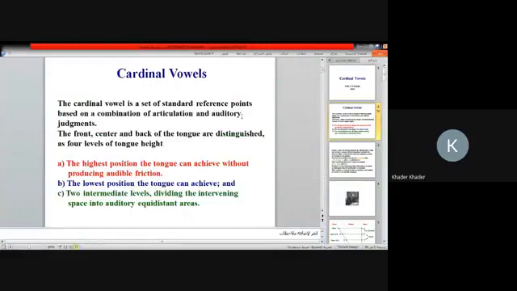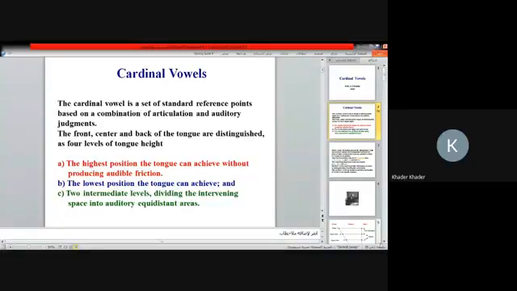Then, when I said the highest position the tongue can achieve without producing audible friction, in number 1 and number 8 no audible friction can be heard. Why? Because the tongue is very close to the roof of the mouth.